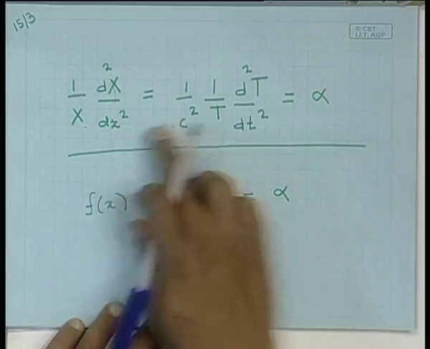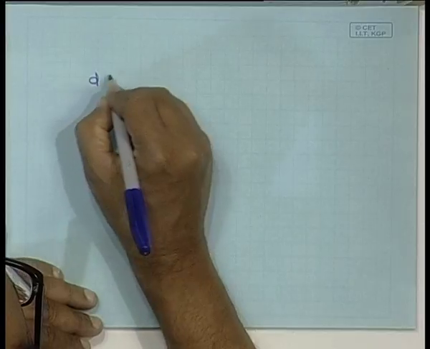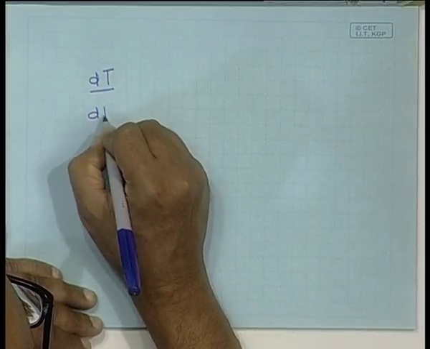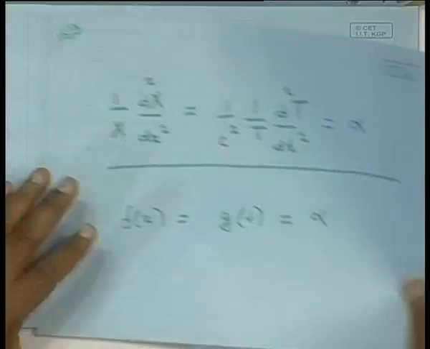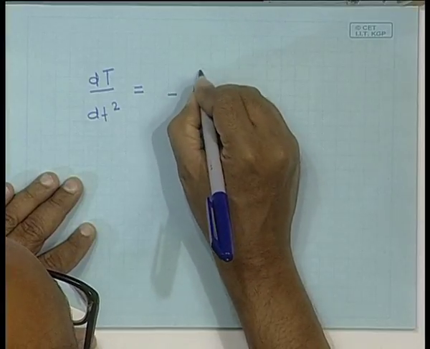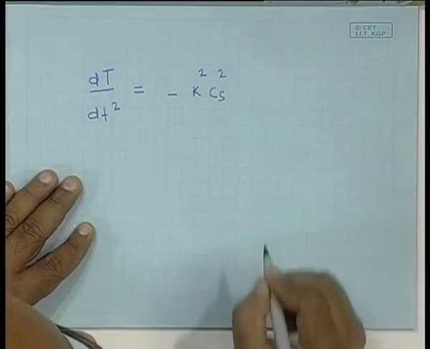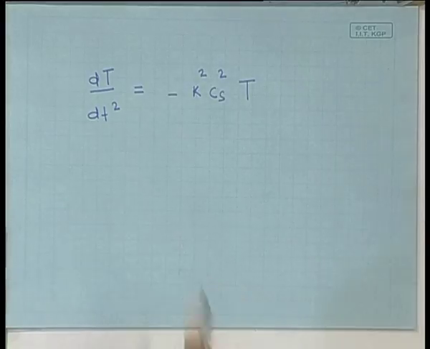The time part of this equation now becomes d squared T by dt square is equal to, now the constant alpha we wrote as minus k square, so we can write this as minus k square Cs square into T. Again we find that the time dependent part of xi also satisfies exactly the same equation as the simple harmonic oscillator.